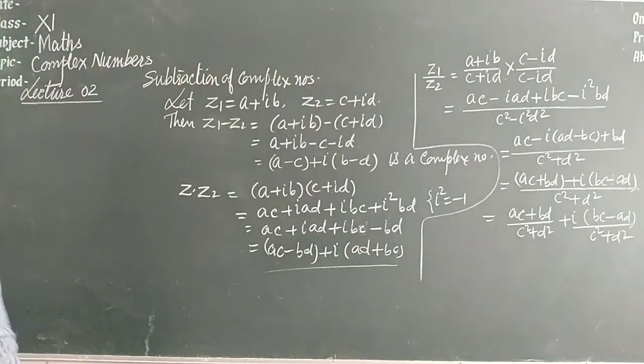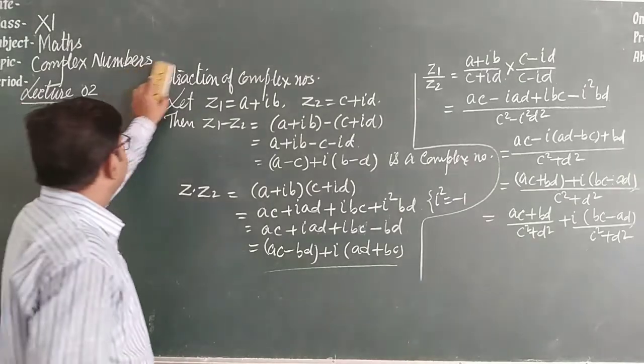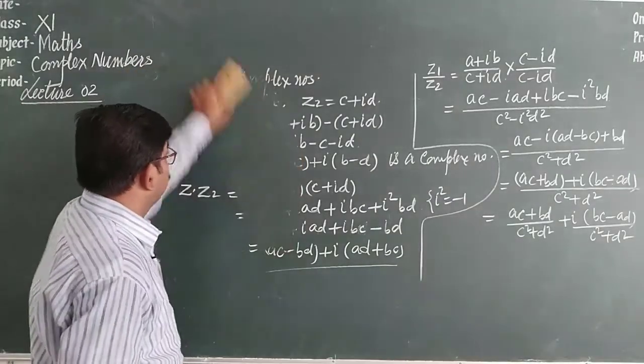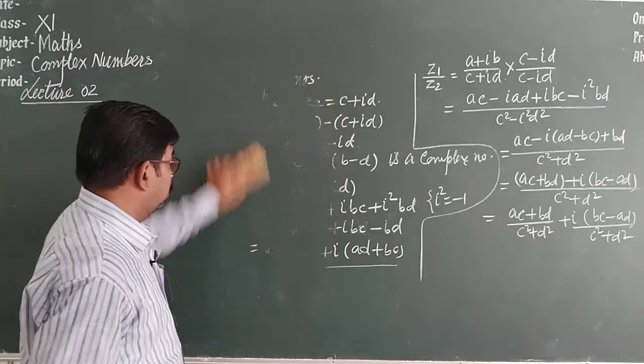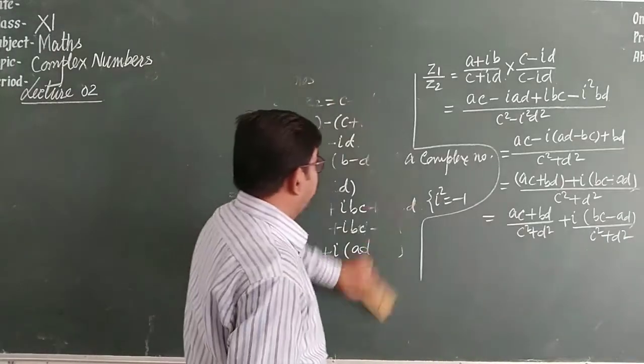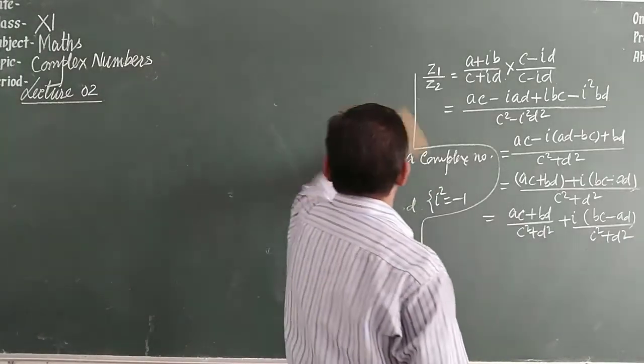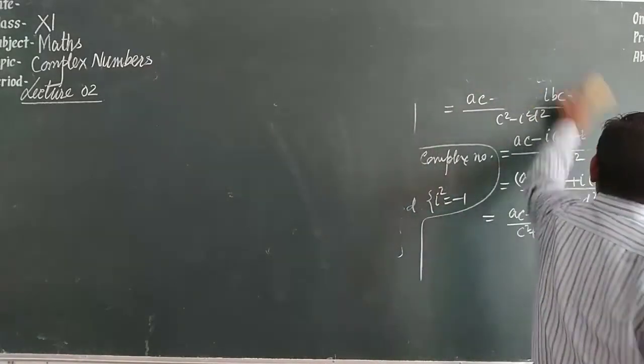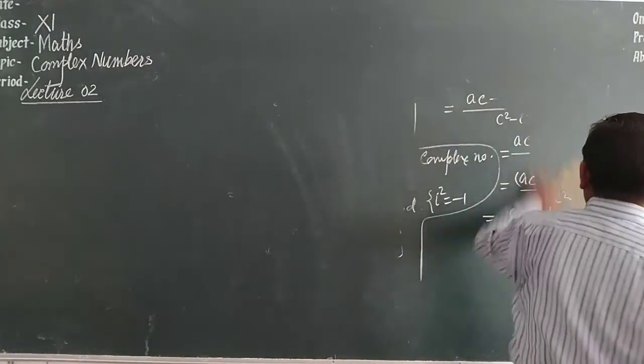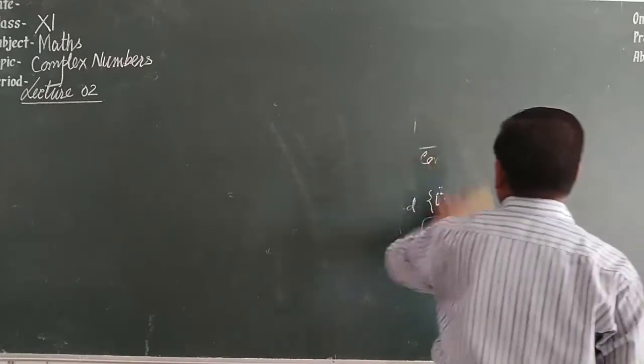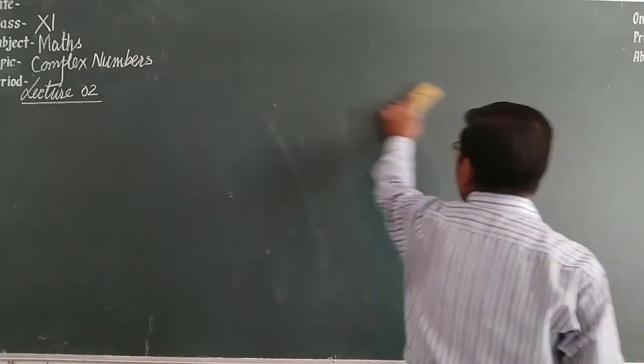Now let's see the conjugate of complex numbers. As I told, we change simply the sign between the numbers.